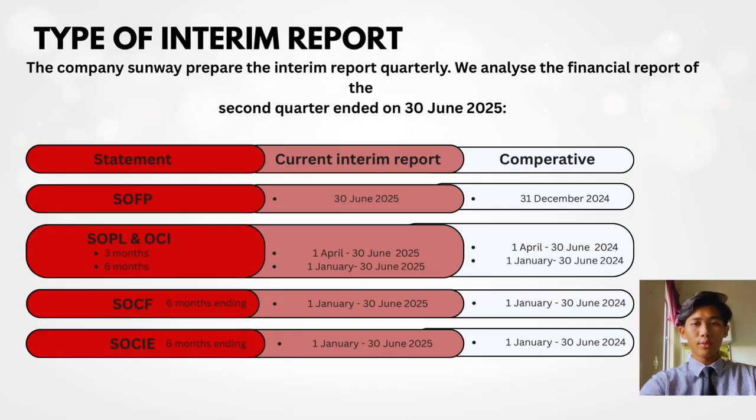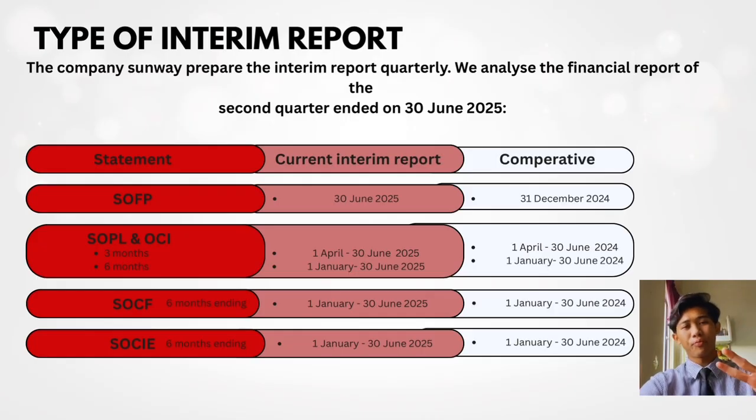The current interim report shows the company's financial position, its assets, liabilities and equity, on one specific day, 30 June 2025. This is then compared to the comparative figure, which is the end of the last full financial year, 31 December 2024. This helps us to see how the company's position has changed in the last 6 months.